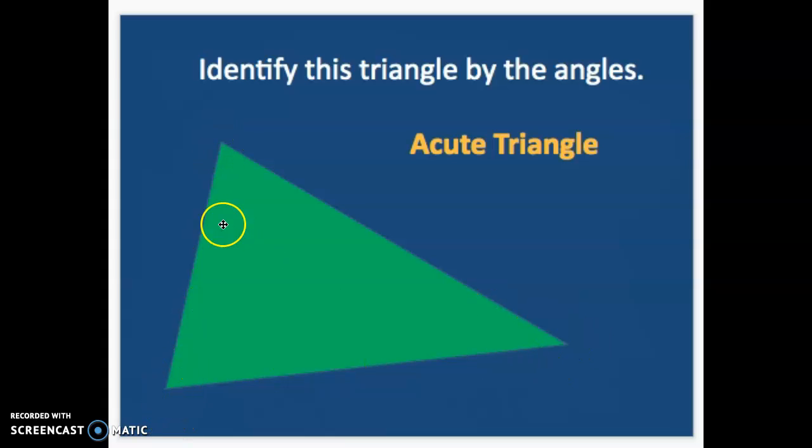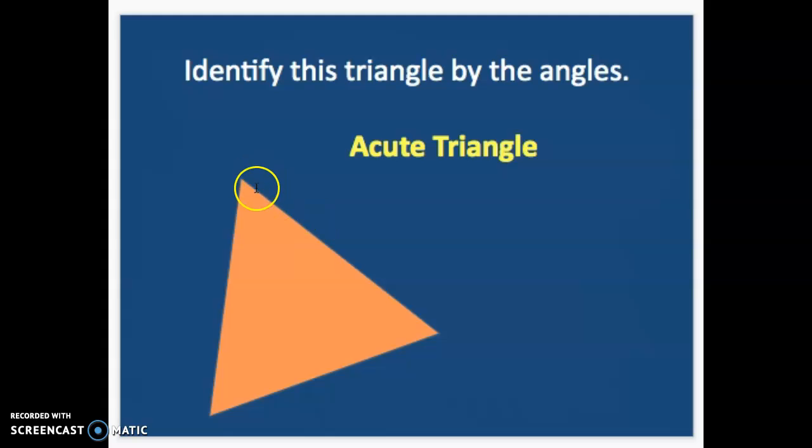None of these are a right angle or greater than 90 degrees, so this is an acute triangle. Same thing here, we don't see any 90 degrees, we don't see any obtuse angles, so it is an acute triangle.